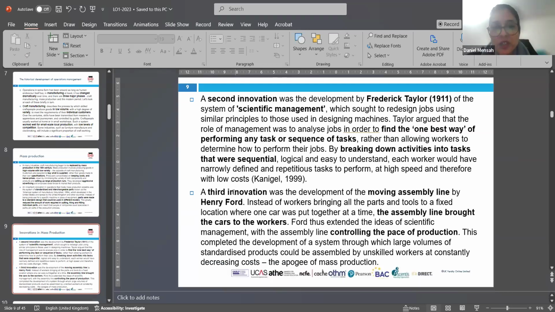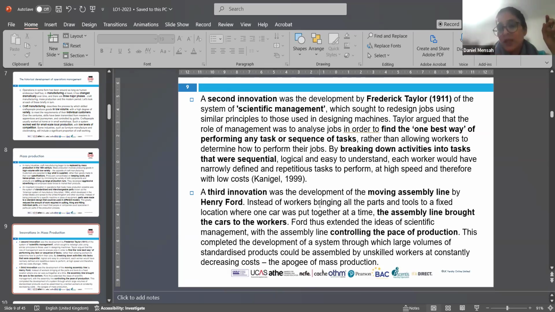Then the third innovation came from Henry Ford. They utilized the same method introduced by Frederick Taylor, scientific management. They also broke down the task into small jobs in a sequence. But what they did was, instead of the worker coming to the product, they started moving the product to the worker.